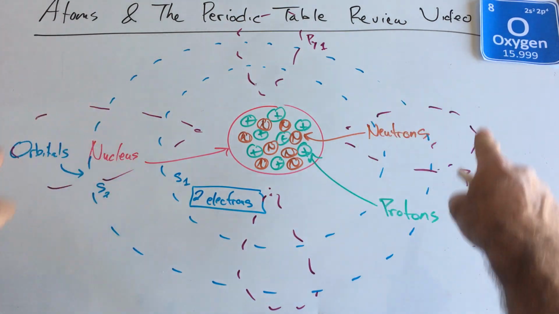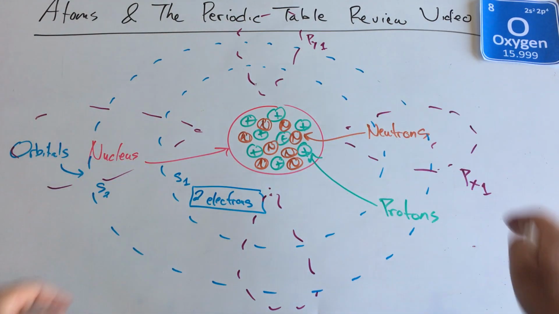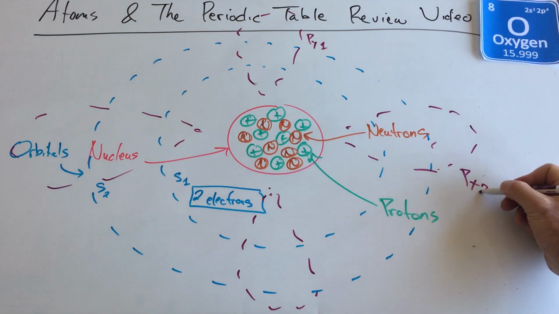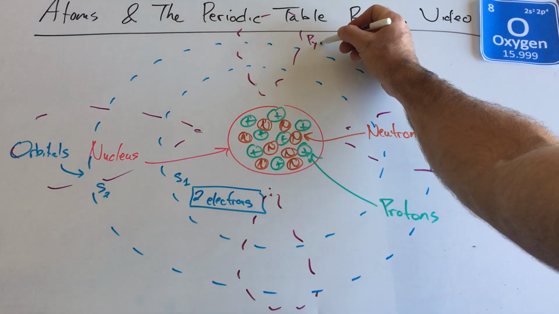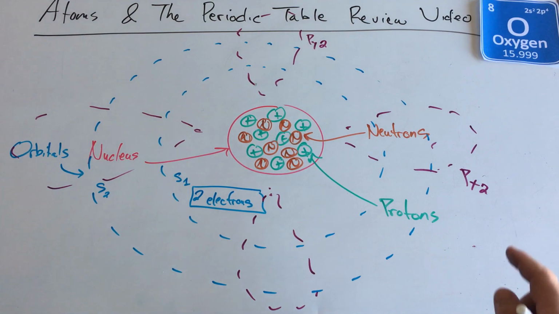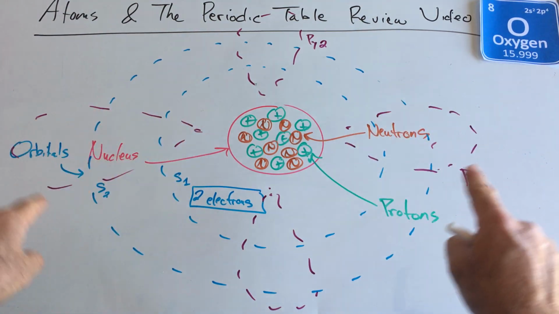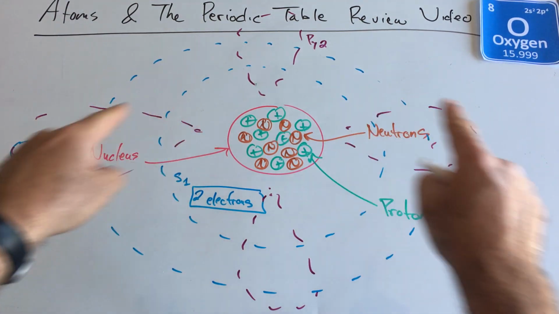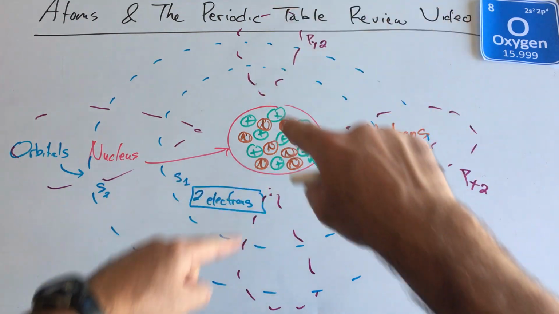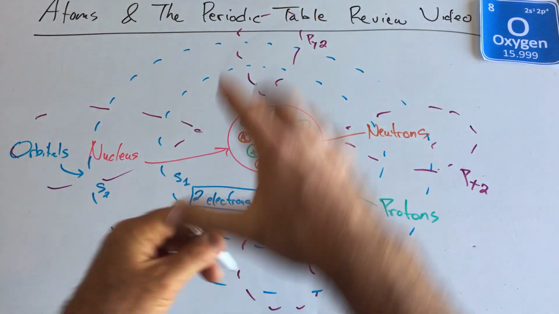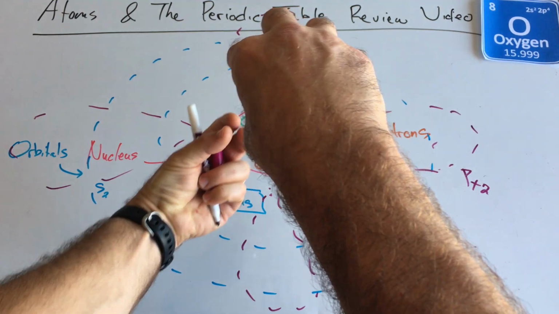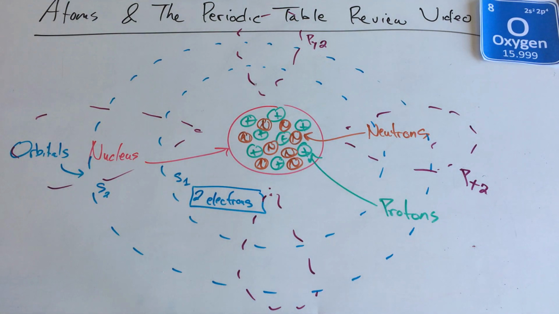So both of these are px1, or sorry, not 1. Come on, Jay. 2. This is the px2 orbital. These are the py2 orbitals. And then there'd be a pz, both front and back, pz2 orbital.